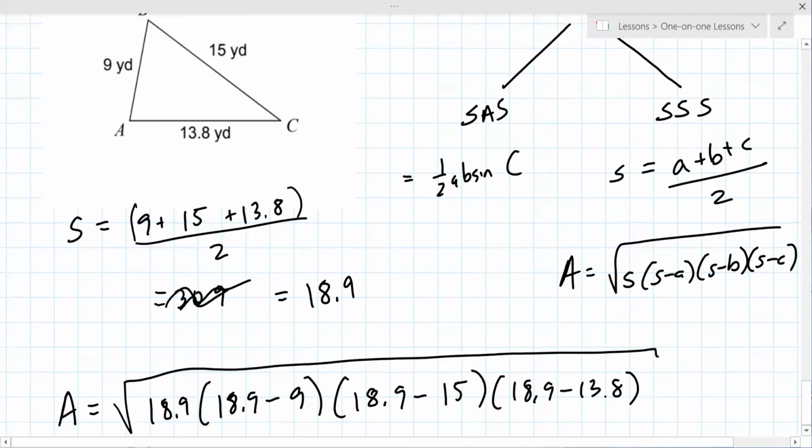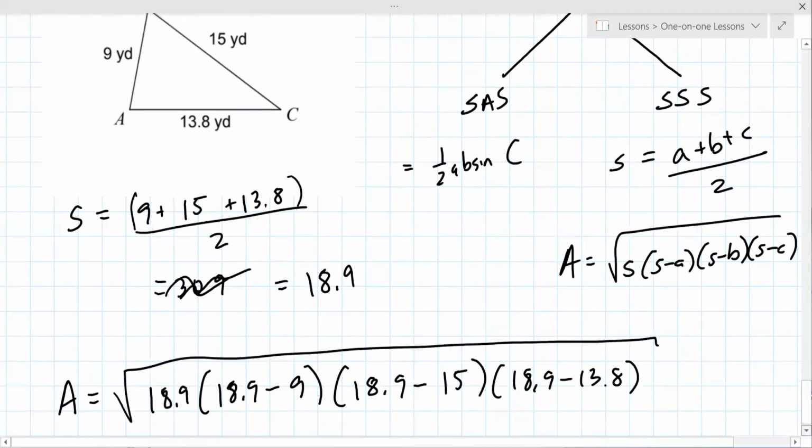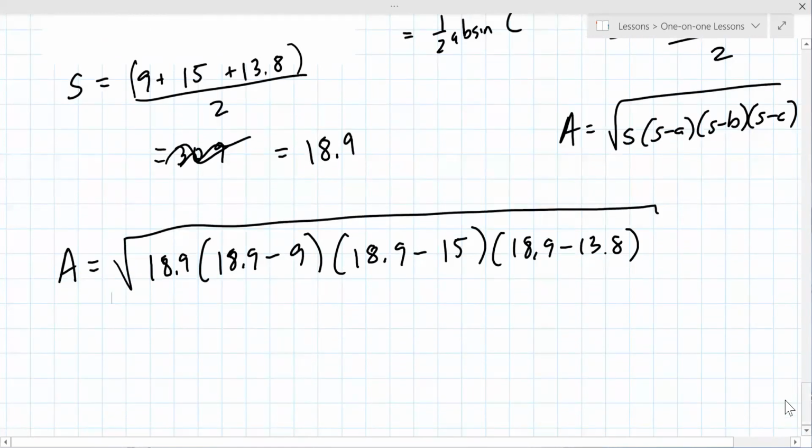Kind of a mini check is that your half perimeter has to be bigger than any one side. So if you get a negative value in any of these, you know you've done it wrong potentially. Okay. Whatever that is, it actually works for any polygon.